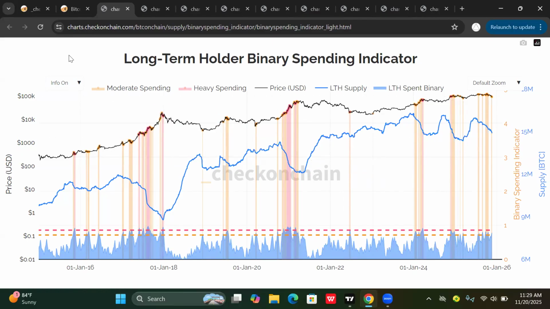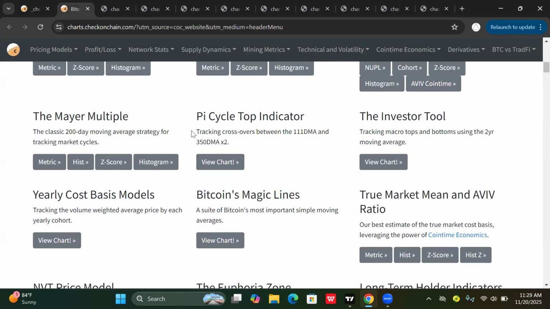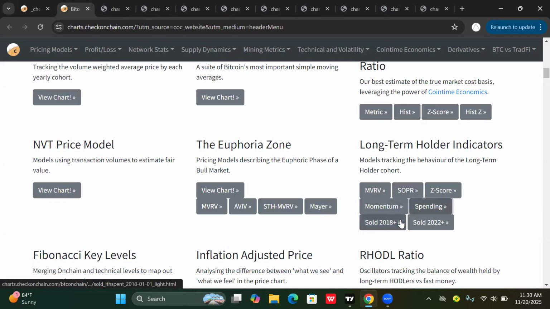Long-term holders, binary spending indicator. I don't know what I want to see. Transaction volume estimate for fair value. True market mean.